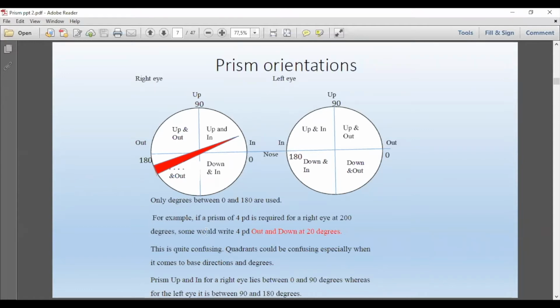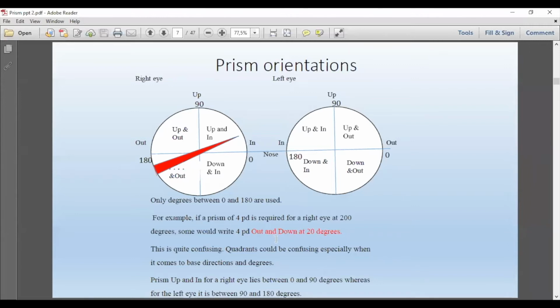Now, for example, if a prism of 4 diopters is required for the right eye at 200 degrees, okay, now, if you notice, we are using the complete circle over here. But just for this, I'll explain to you exactly what I'm doing. At 200, what some people do is they would write this script out at 4 prism, out and down at 20.